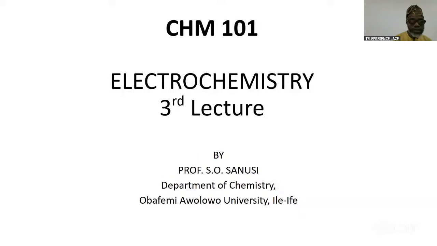You realize that in this particular type of cell, we always talk about the EMF that the cell will produce. Because once the cell can produce a voltage, current, electricity will flow through the external circuit. So a battery, in the same vein, is a collection of cells that convert chemical energy into electrical energy.